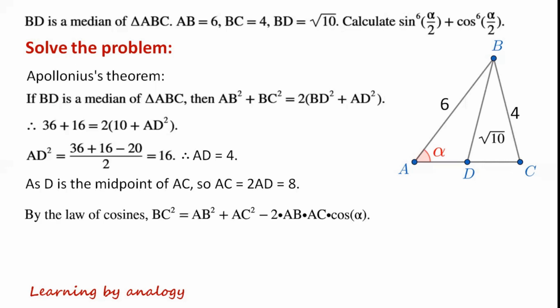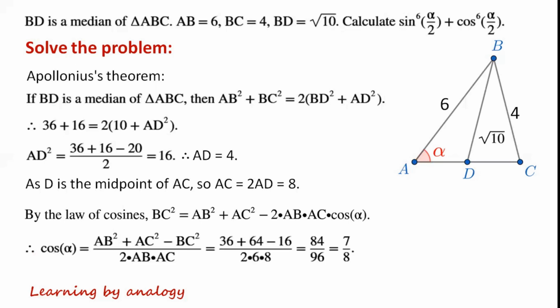By the law of cosines, BC squared equals AB squared plus AC squared minus 2 times AB times AC times cosine alpha.